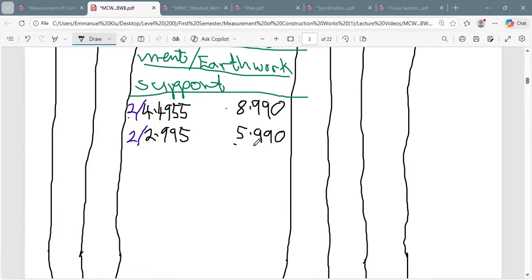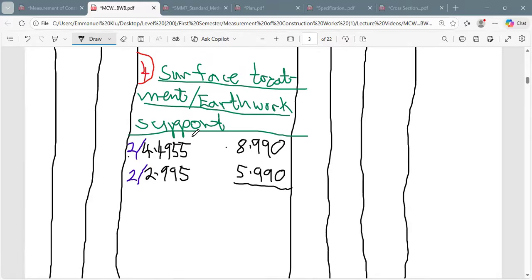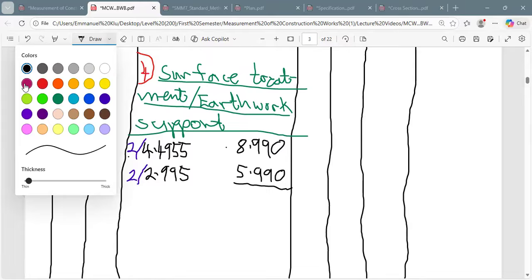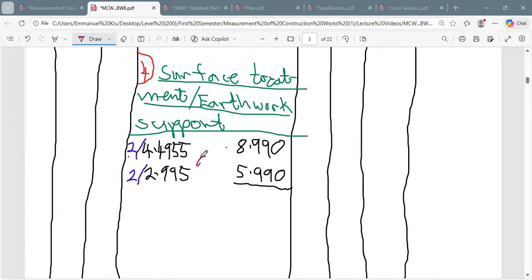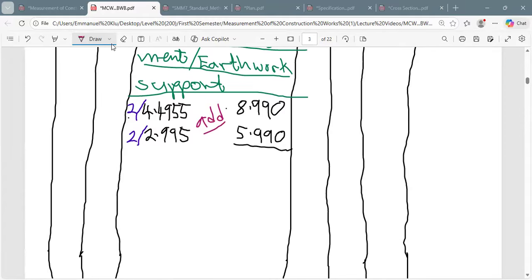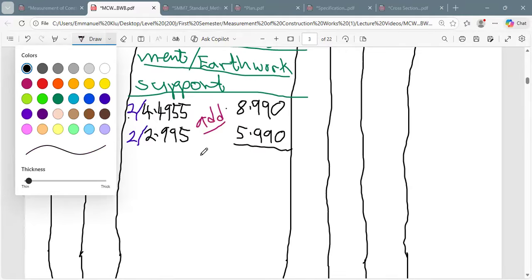At the end of the day, if you add both of them, so here we say we add. Let me input the symbol and the rule. So after adding, we are going to get 14.980.